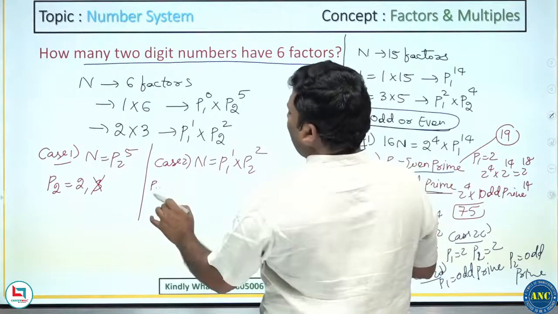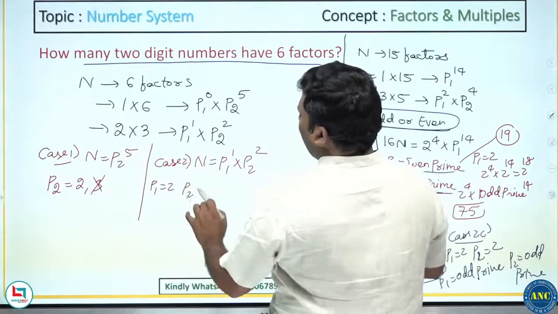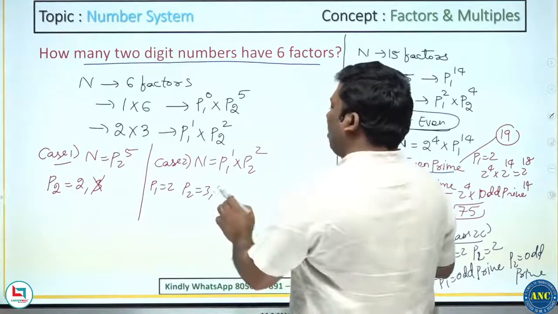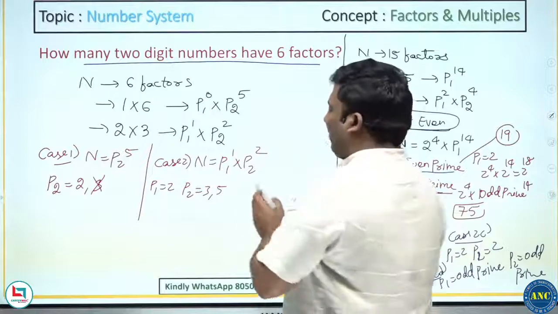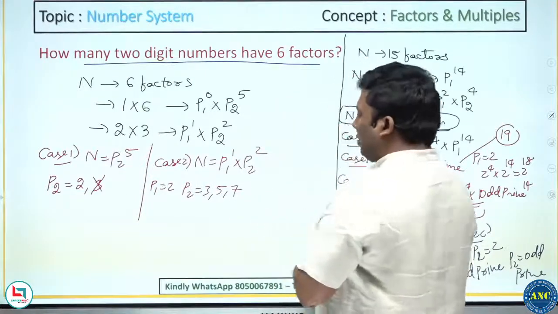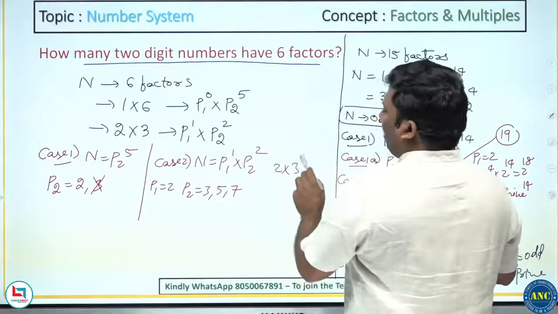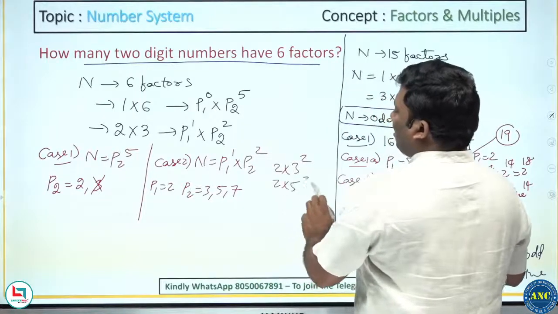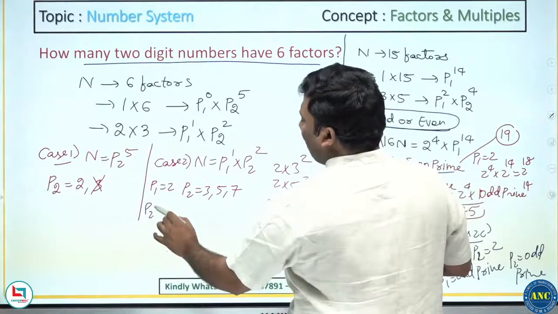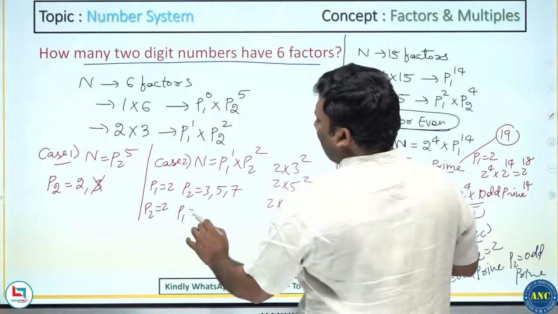So if p1 is 2, p2 can be 3: 2 into 3 square, 9 twos are 18. 2 into 5 square, 50. 2 into 7 square, 49 into 2, 98. What are the numbers? 2 into 3 square, 2 into 5 square, 2 into 7 square. If p2 equivalent to 2, p1 can be 3.